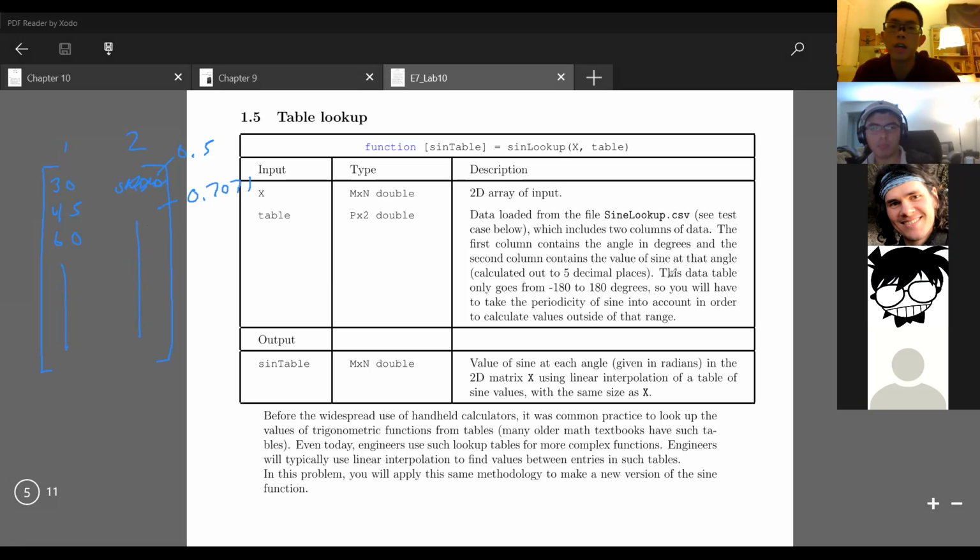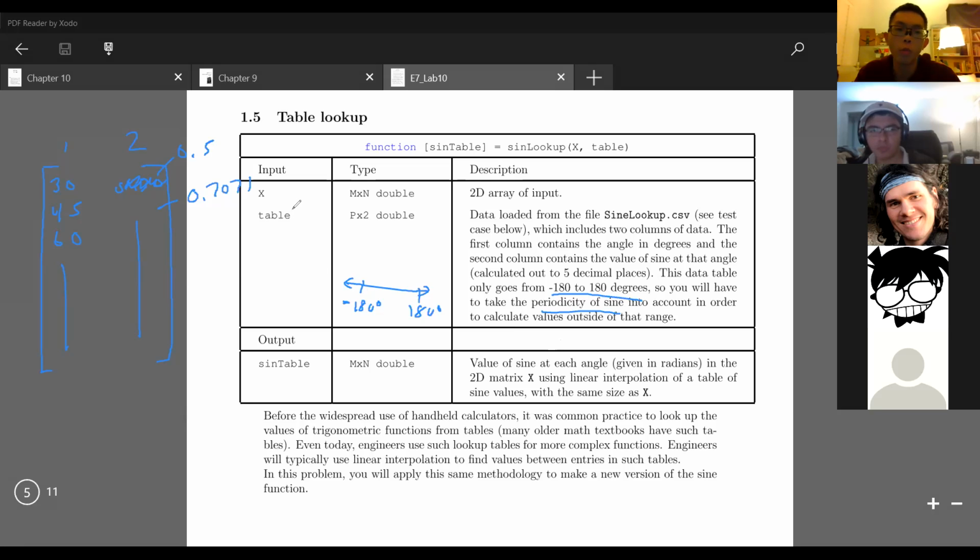And it only goes from negative 180 to 180 degrees. So remember the domain of sine: negative 180 degrees to 180, aka negative pi to pi in radians. And the periodicity of sine will hence refer to 1.3. And it's going to return the value of sine at each angle.